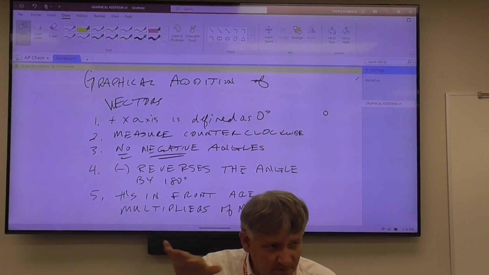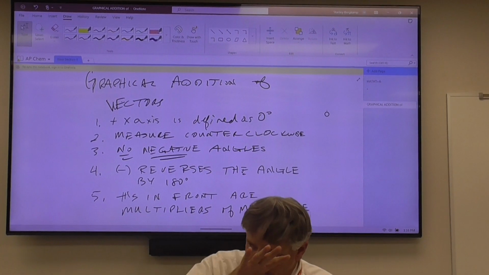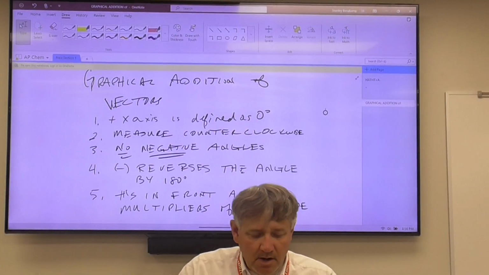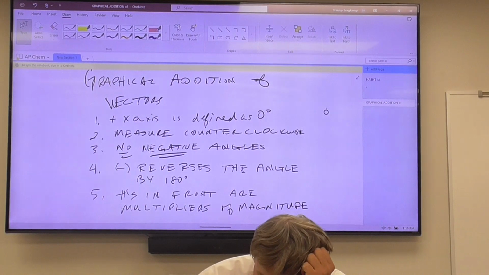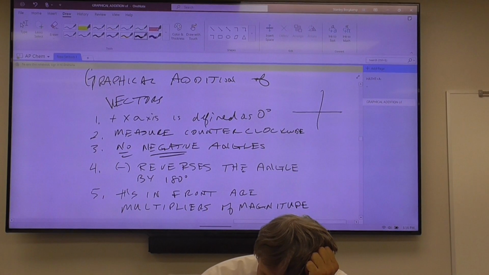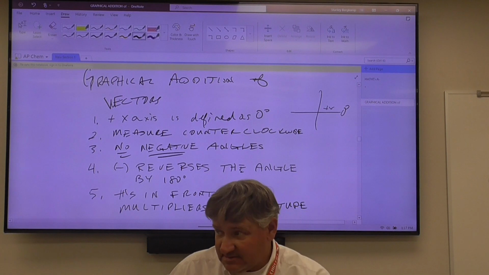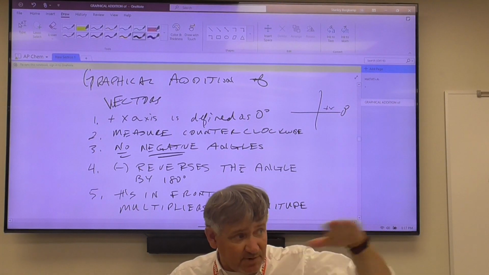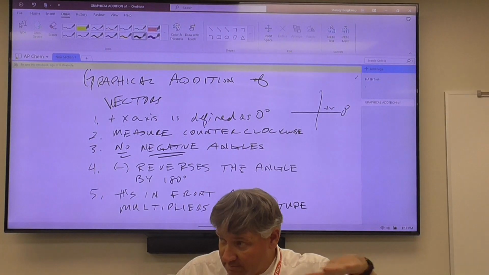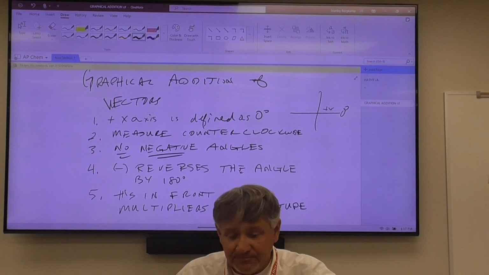So here's your procedures, okay? They're operating parameters. When you look at an x and y coordinate system, that positive x-axis, that's going to be defined as 0 degrees. That way everybody's working off of the same initial point. Okay, that's going to be 0 degrees.